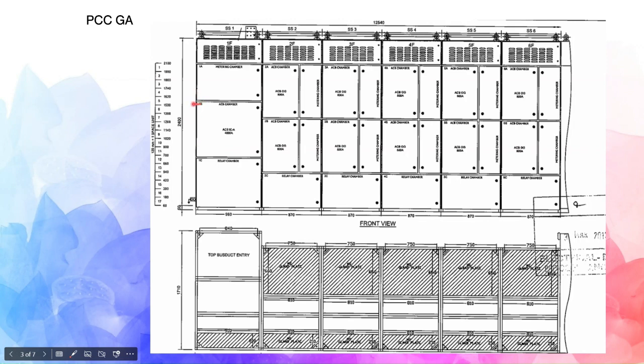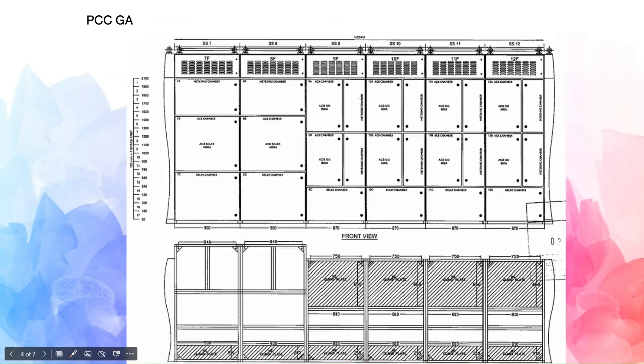So once we get this size for all these different feeders, we are going to get the size of the entire vertical and the entire panel. So this is the middle section of the panel. Again, this is the break line. This is the break line.